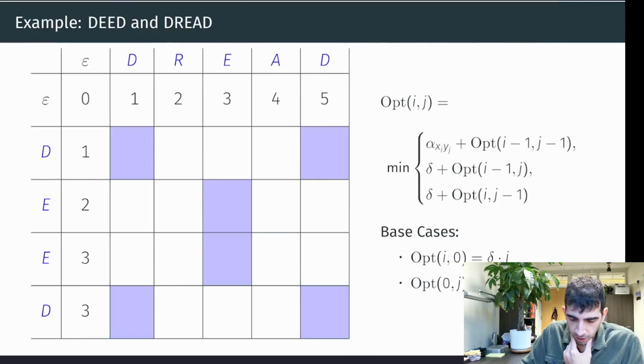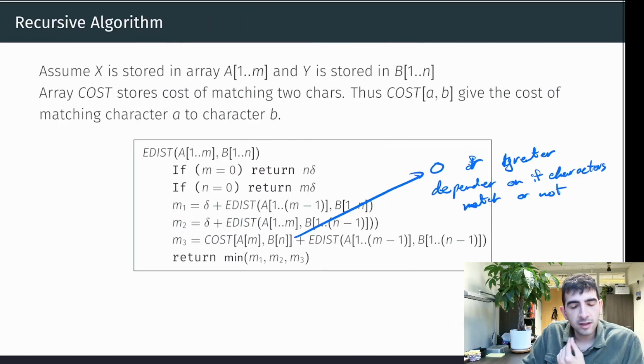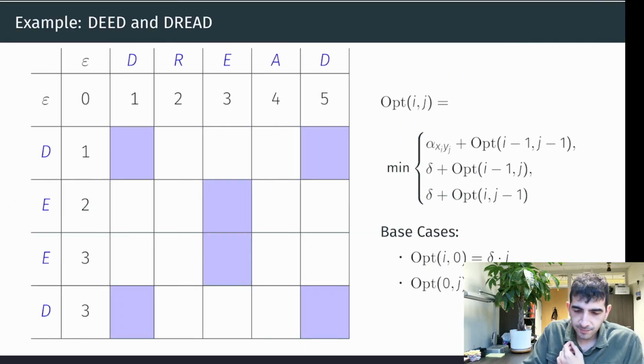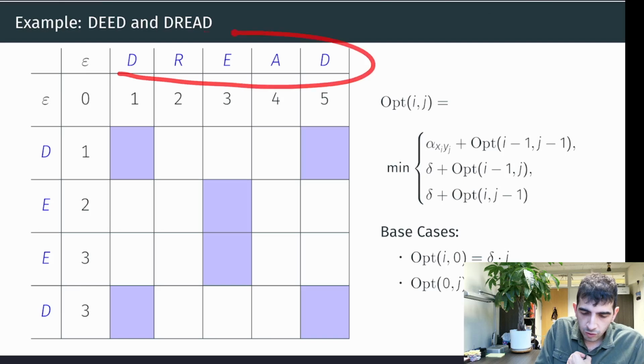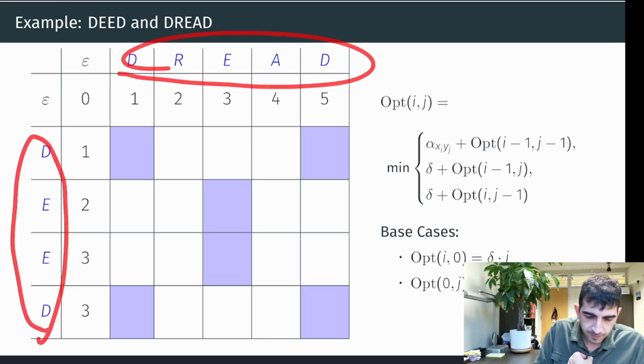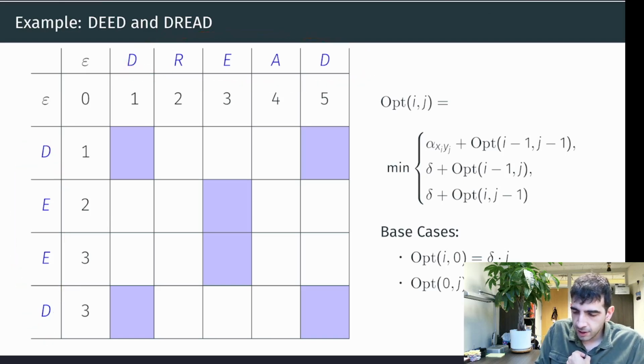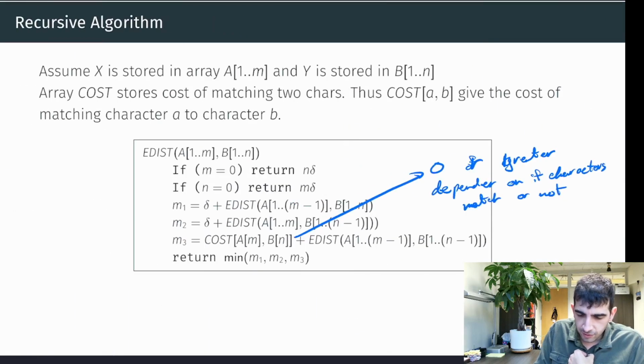Okay? So let's try to do that visually. Let's say we have two words, dread and deed. The first thing we do is order the number of subproblems as a table. So what does the table here of edist look like?